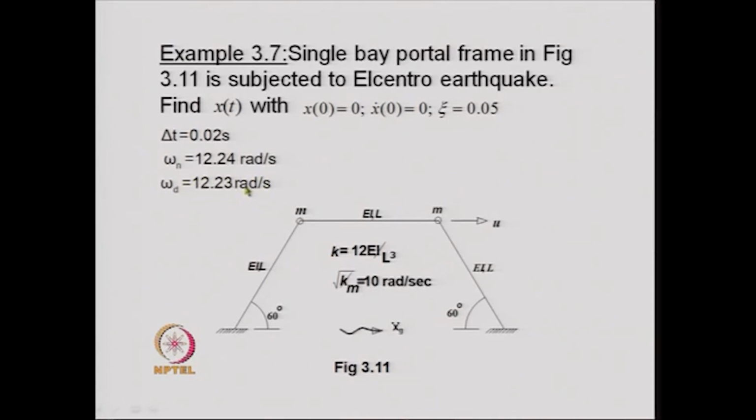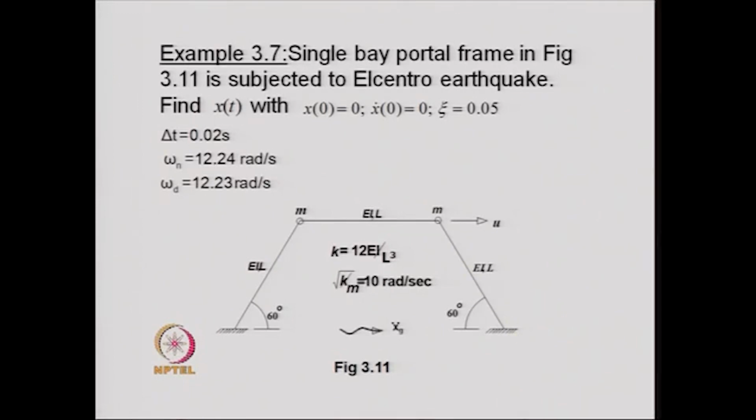They are very close to each other because the damping coefficient is very small, and the initial conditions are given as x0 equal to 0 and x dot 0 equal to 0, and the excitation is sampled at a time interval of 0.02 second. Now, first let us see how we can obtain the natural frequency for such a system, which is an inclined portal frame.